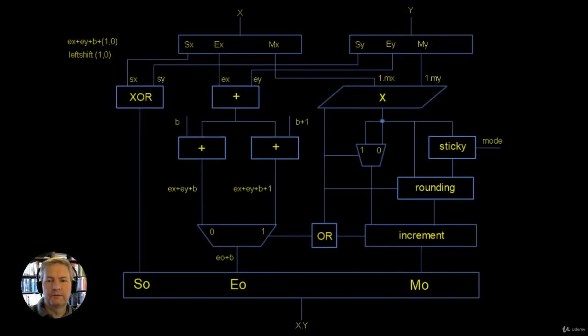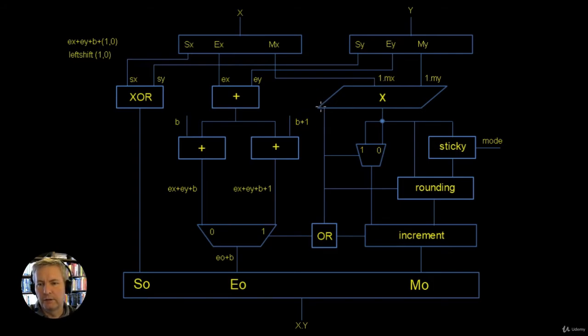So we've seen in the previous video, when we worked out our algorithm for a normal times normal giving a normal result, that the mantissa will shift by a value of 1 to the left or a value of 0. By shifting, what I mean is the decimal point can shift one place to the left or it can remain where it is, and that shift is dependent on the value of the 48th bit of the multiplication.